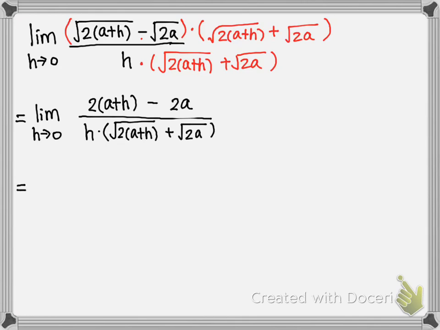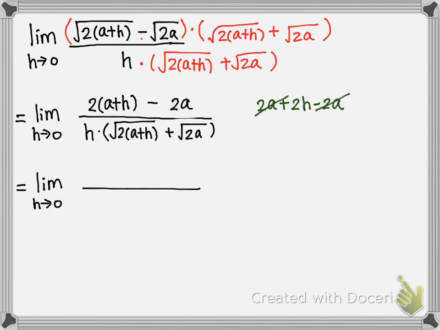So now we simplify the top expression. You can take a look at it on the side, or you can just do a mental calculation in your head. So you distribute the 2, so you have 2a plus 2h minus 2a. The 2a and 2a cancel out.